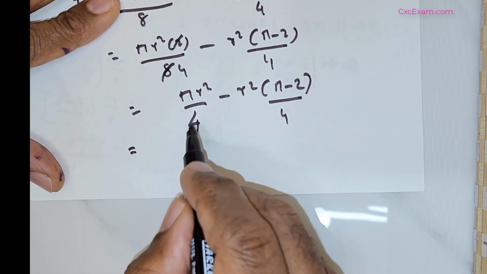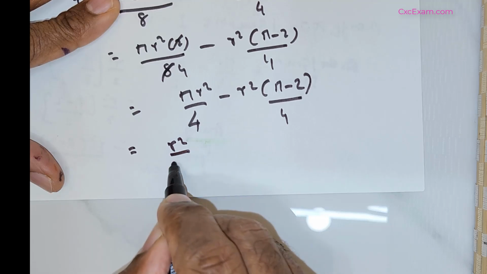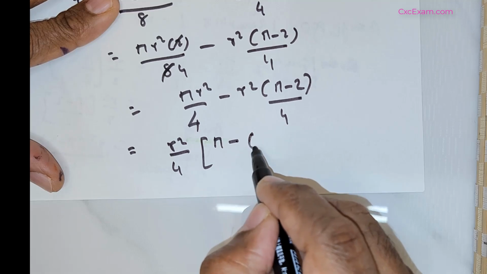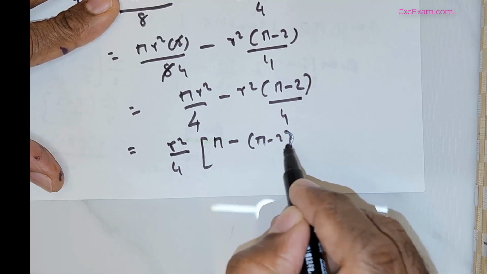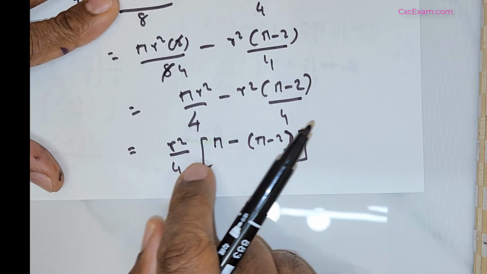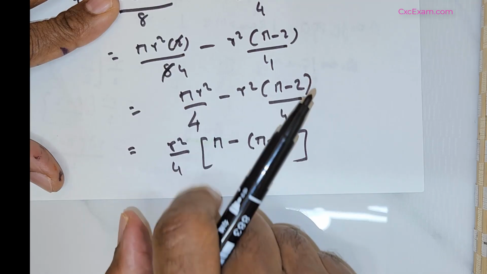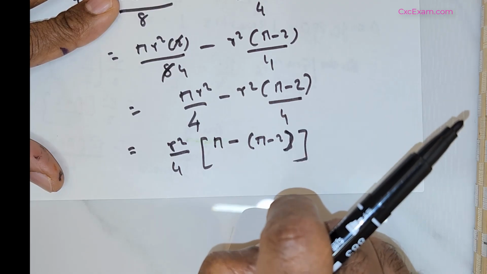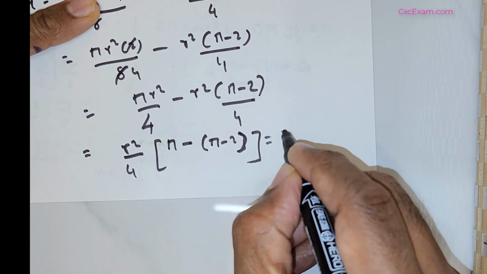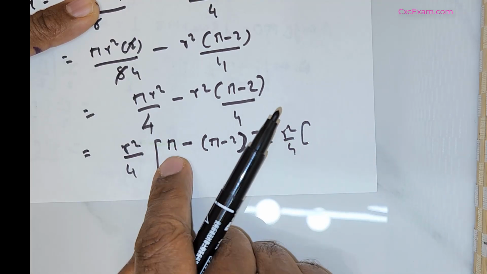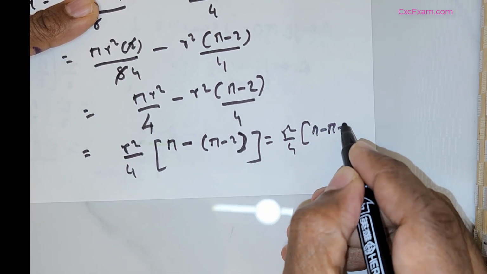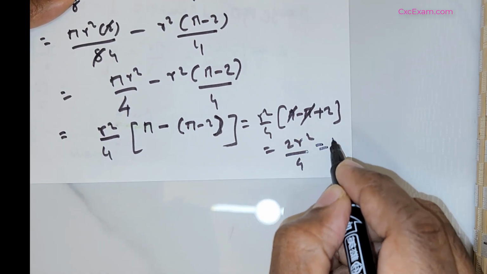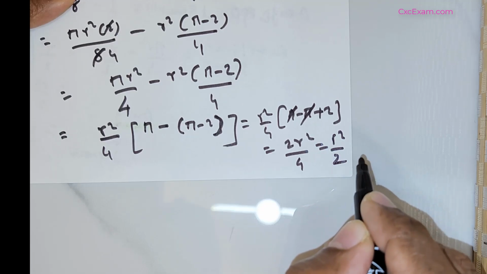Now I can take R squared over 4 out, and this gives me pi minus (pi minus 2), because R squared over 4 into pi gives me the first term, and R squared over 4 into the second term gives me this term. So this is R squared over 4 times (pi minus pi plus 2). The pi terms cancel, giving me 2 times R squared over 4, which is R squared over 2.